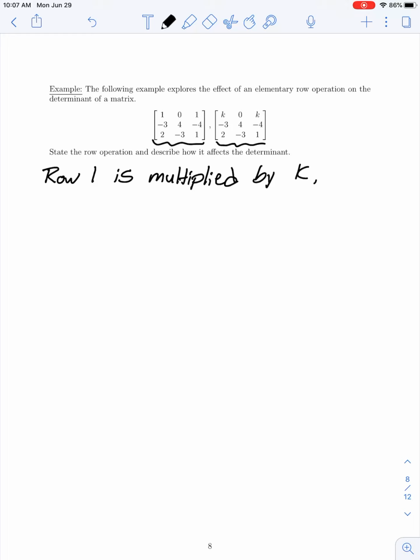We need to start by looking at the determinant of our first matrix, which was 1, 0, 1, negative 3, 4, negative 4, 2, negative 3, 1.